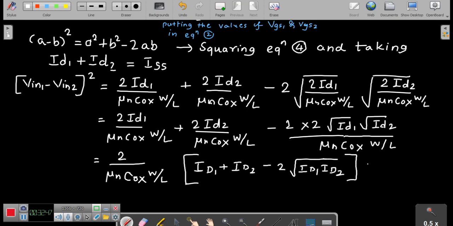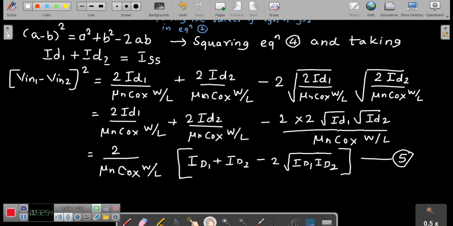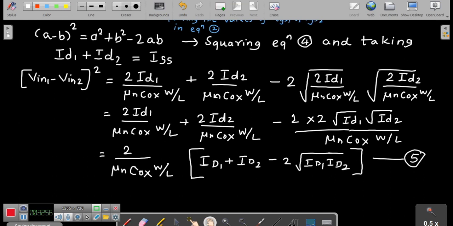So this I call as equation number 5, wherein my ID1 plus ID2 is nothing but ISS. So here I have taken 2 divided by mu n COX into W by L common.